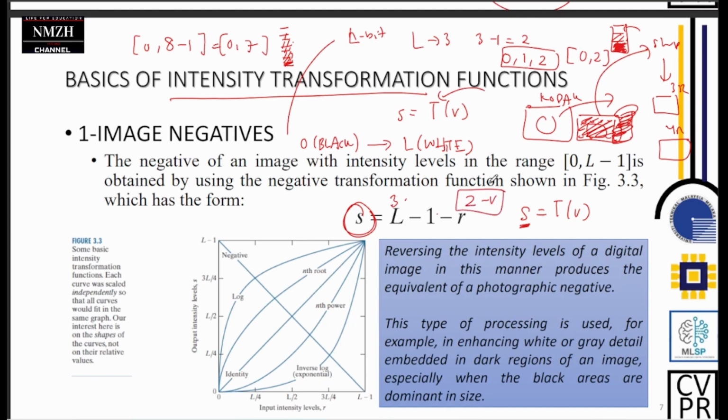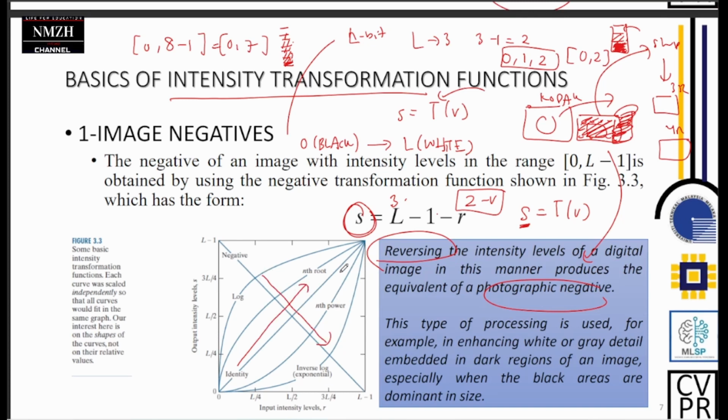So the negative is basically reversing the intensity of a digital image in a manner that produces the equivalent of a photographic negative. This is the same as what we talked about just now. This would be the intensity, while the negative would be this one.